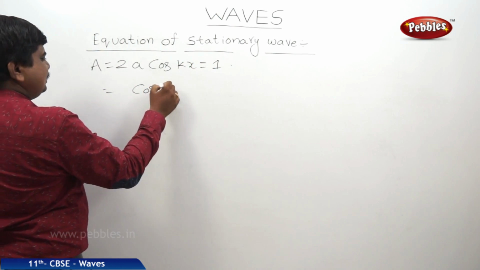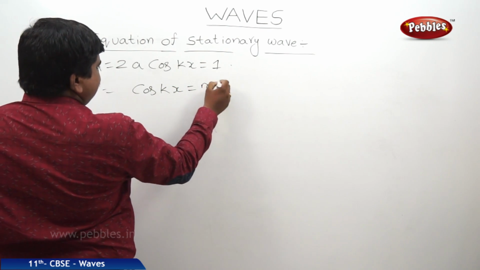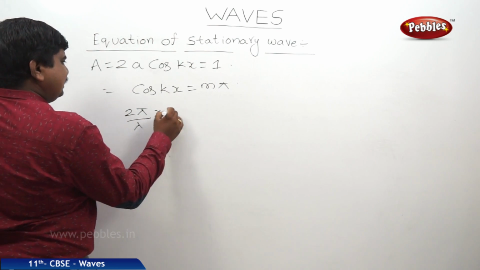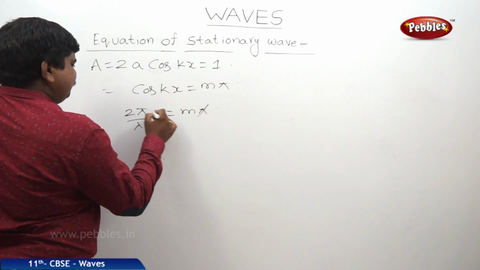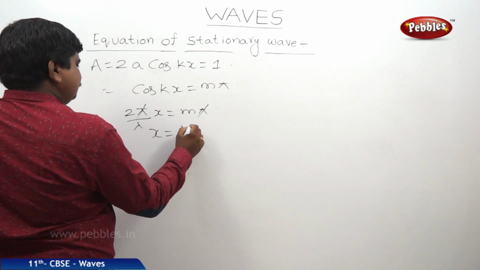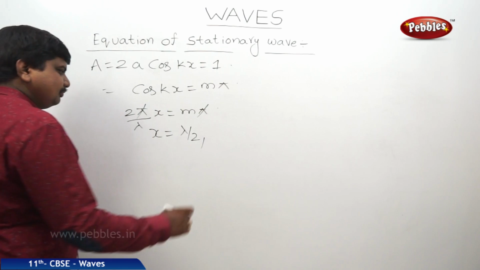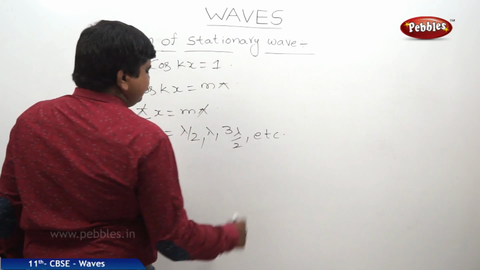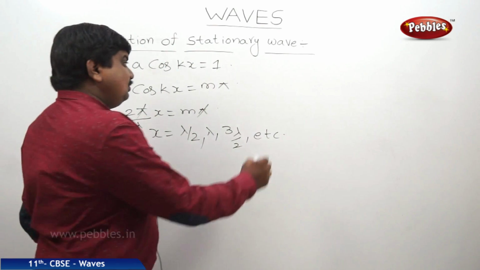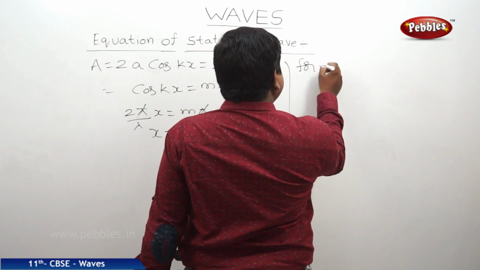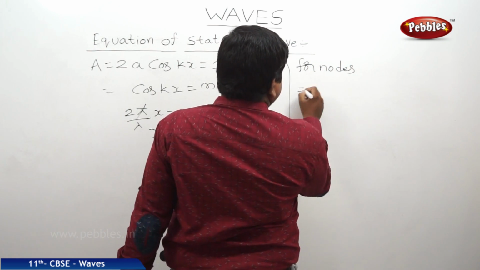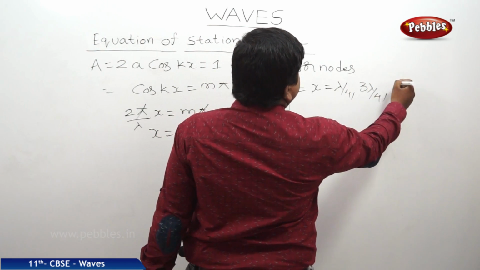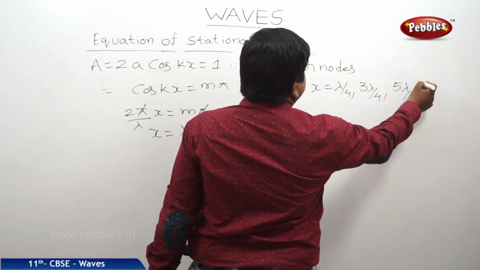Therefore kx is equal to m pi, so 2 pi by lambda into x is equal to m pi. Pi gets cancelled. Therefore x is equal to lambda by 2, lambda, 3 lambda by 2, etc. So these are the values for the antinodes. For nodes, x is equal to lambda by 4, 3 lambda by 4, 5 lambda by 4, etc.